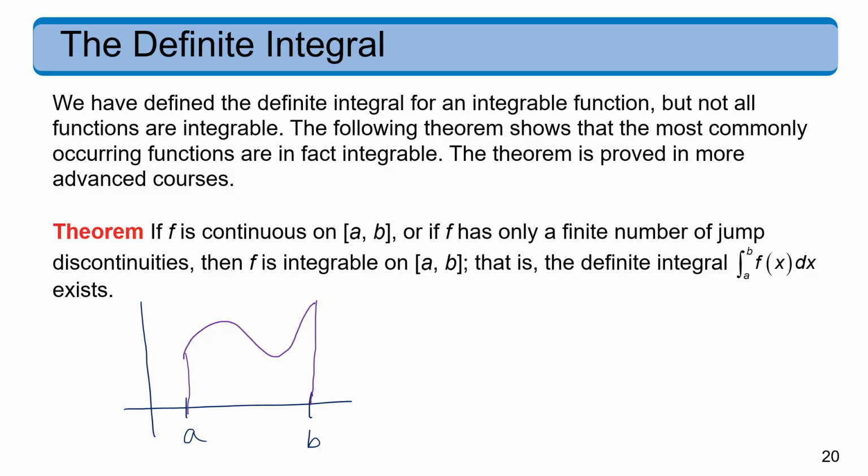Let's sketch another one where the second condition is met. So f is not necessarily continuous, but it could have a finite number of jumps. So it might start out continuous, and then right here it jumps, then there's a little continuous piece, and then right here it jumps again, and then it finishes.